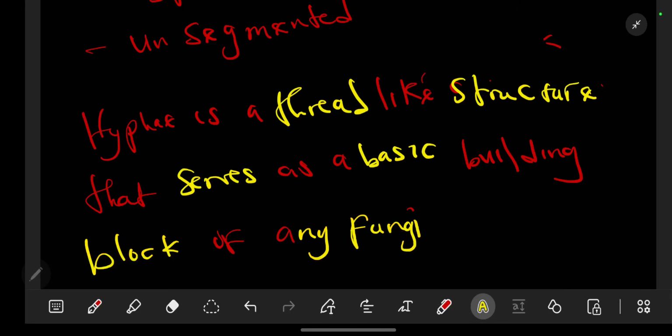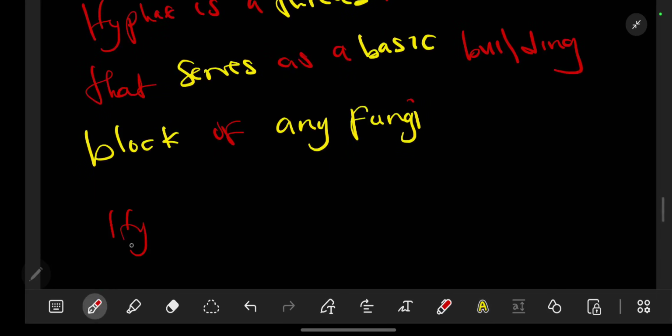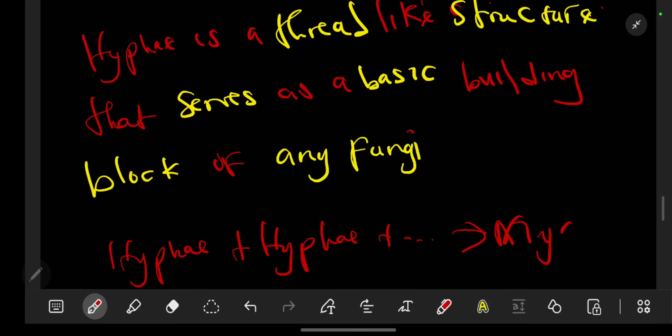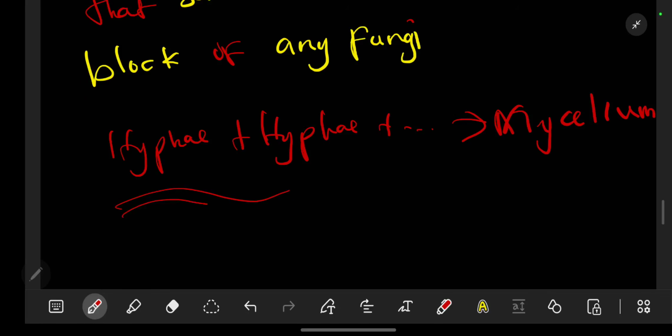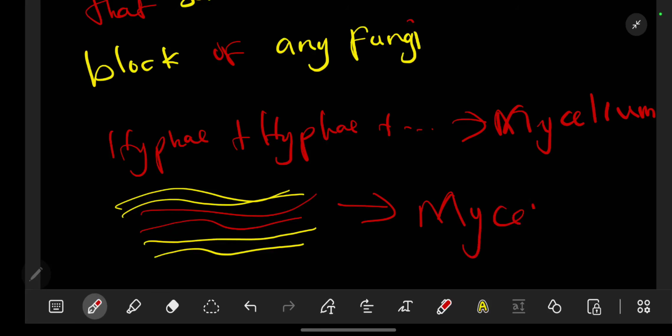That is basically what hyphae is. Now when a group of hyphae come together, they will be able to form what we are going to call mycelium. These are thread-like structures which we call hyphae. When they come together, they form what we call mycelium.